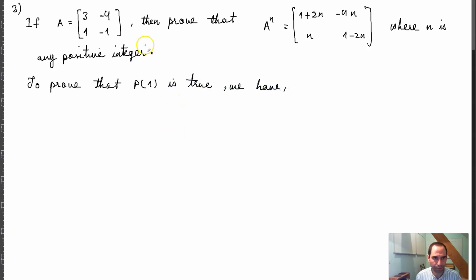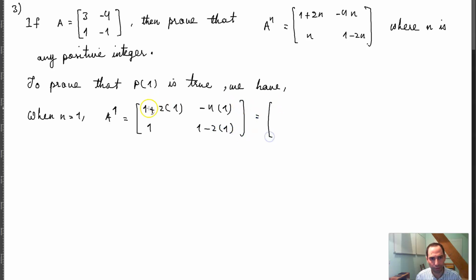When n is equal to 1, A raised to the power 1 is equal to 1 plus 2 times 1, negative 4 times 1, 1, and 1 minus 2 times 1, which is the same thing as 1 plus 2, which is equal to 3, negative 4, 1 and negative 1, which is equal to A. Therefore, P of 1 is true.